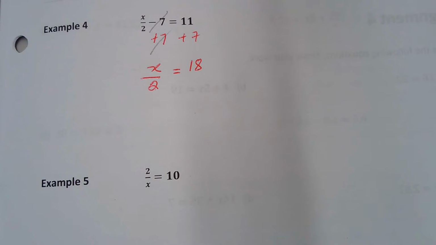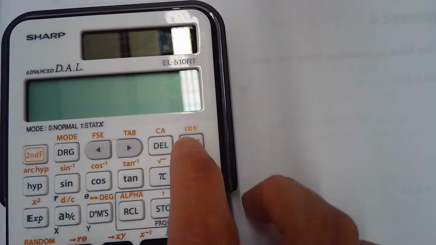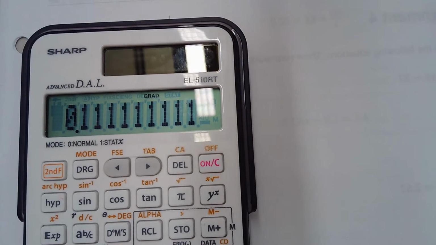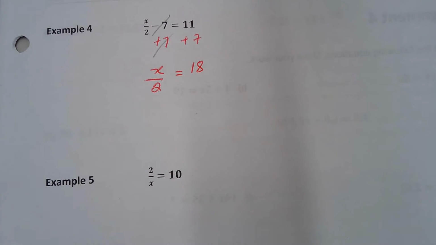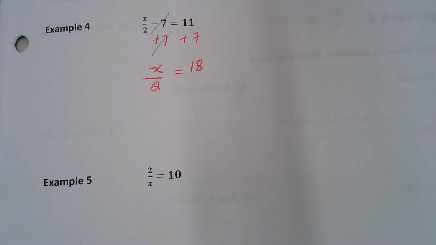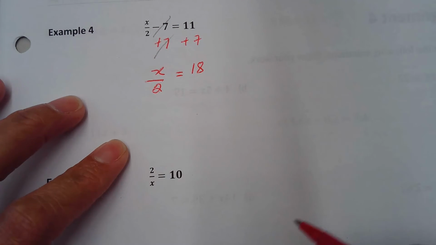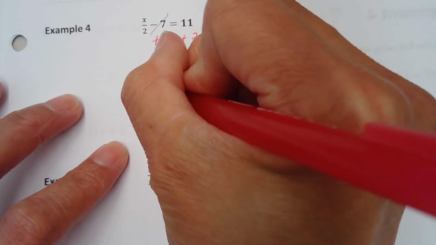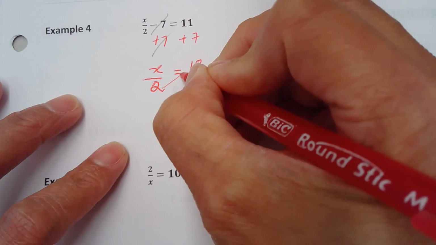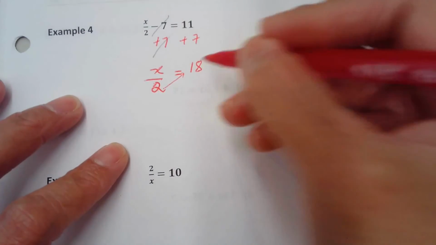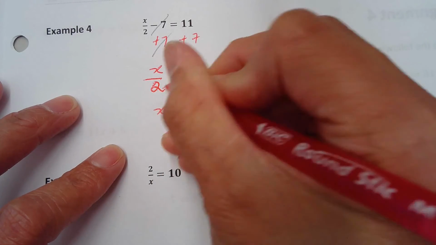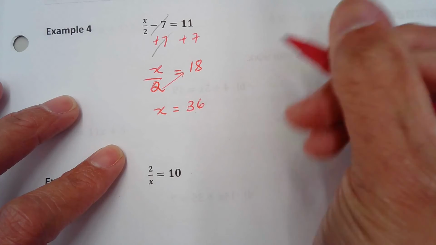Oh, you meant 2 times 18. Yes, that's 2 times 18. You could do that. When you said divide, I thought you meant times. So we're just going to cross multiply. We can multiply each side by 2, or you can cross multiply. So x equals 2 times 18, which is 36.